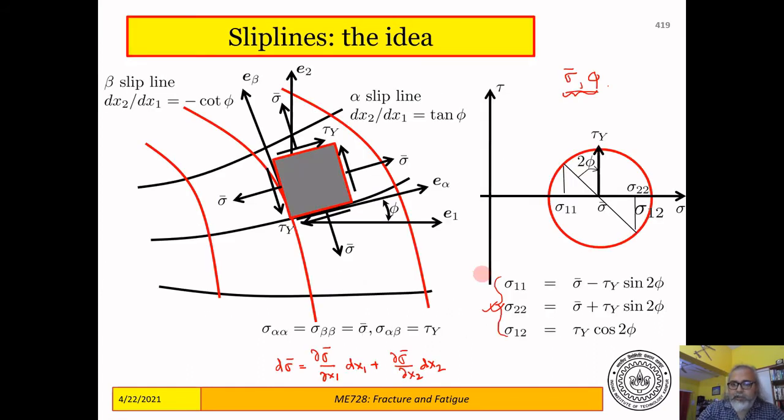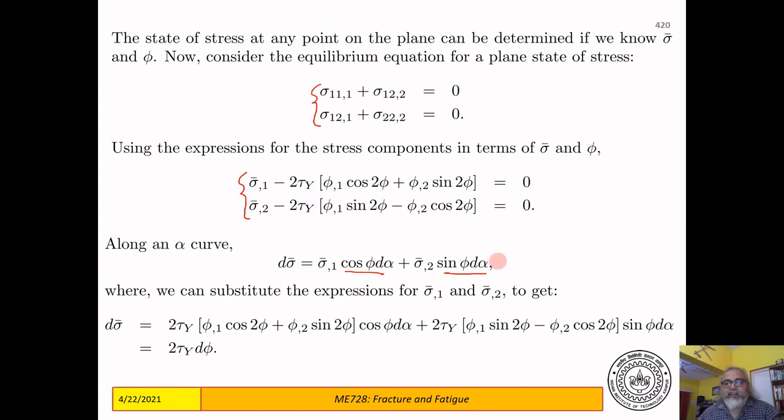That's easy to see because this angle is phi, this is your d alpha, this is dx1, this is dx2 when you move a small distance along this. So dx1 is d alpha cos phi, dx2 is d alpha sin phi. So that's what I have plugged in.